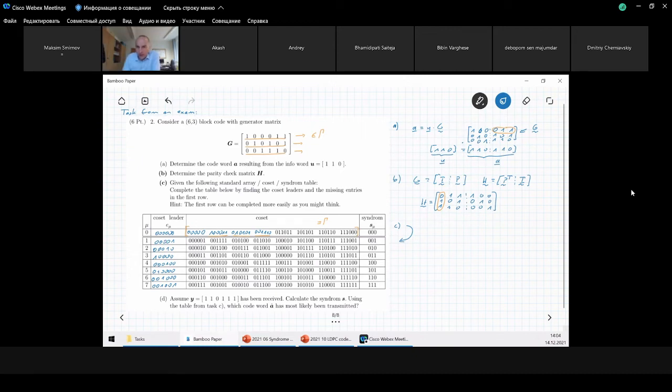Okay, and here another question. If the matrix G is not given, we cannot find the missing coset in row 0. Yes. Well, of course, it's more difficult then. We could also complete this table by looking at which combinations of ones and zeros are missing. But of course, this brute force approach is more tedious.